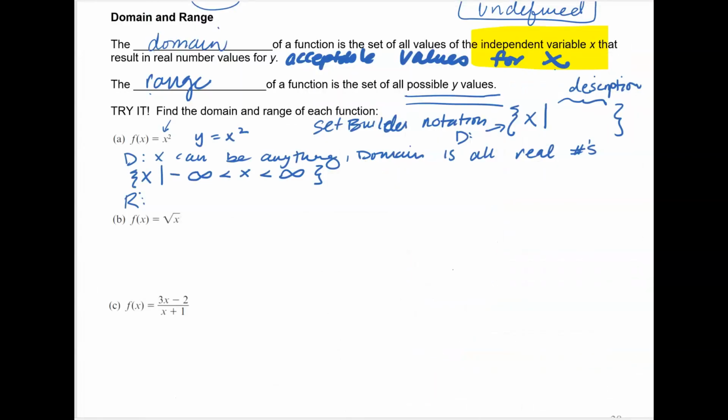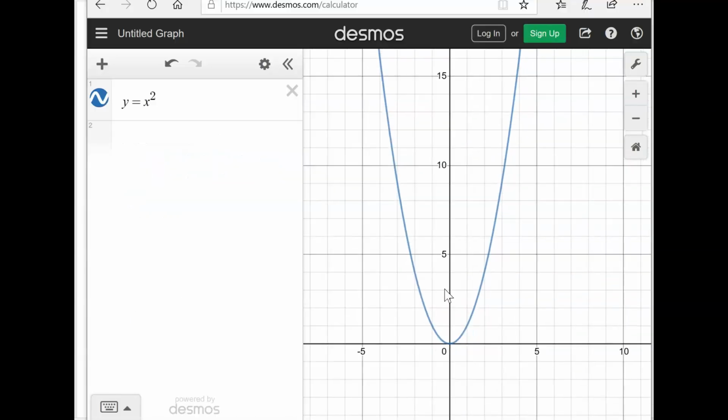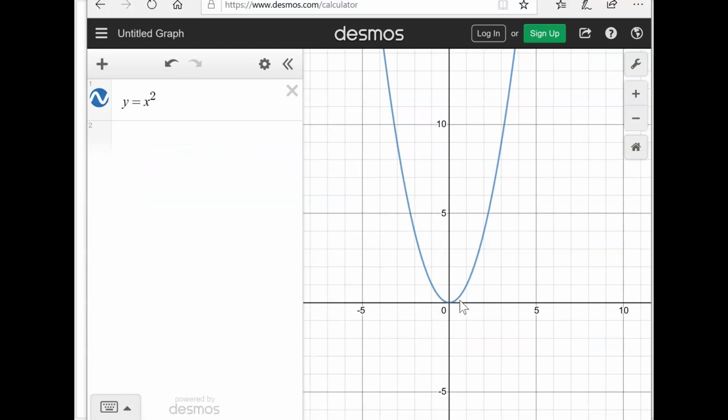So with range, that's a little different. You've got to think, okay, I can put any x's in that I want, but are there any y's that I would not get? And this one's a lot easier to see on the picture. Let me pull that up. Do you notice that when you look at this picture, the function starts here at the x-axis and it goes up?